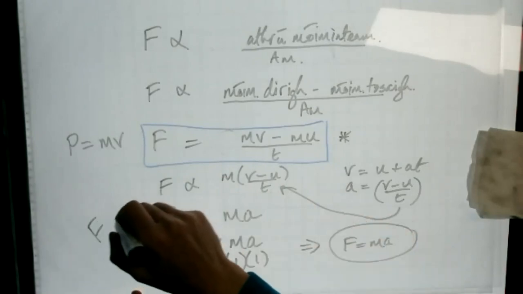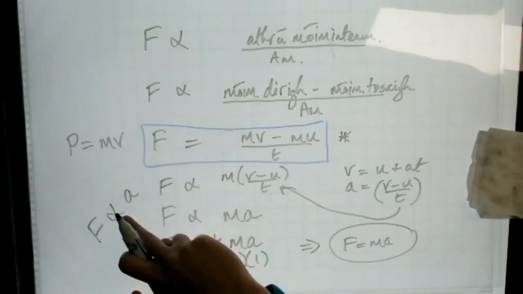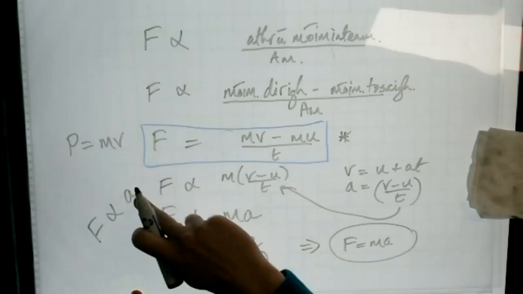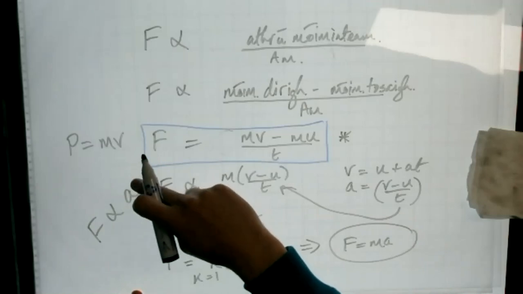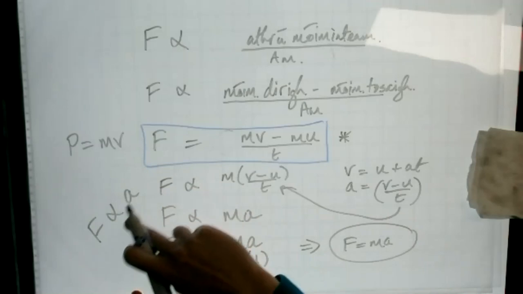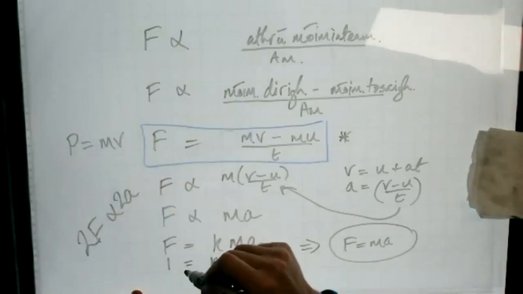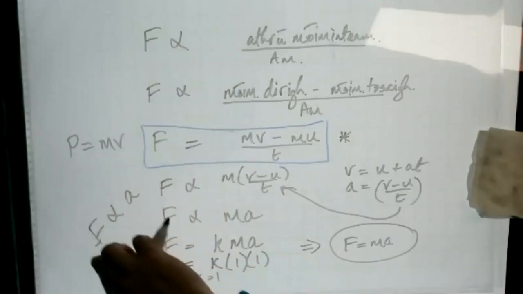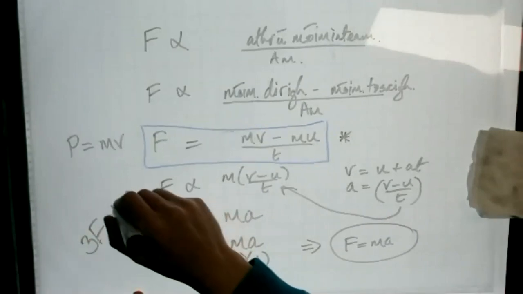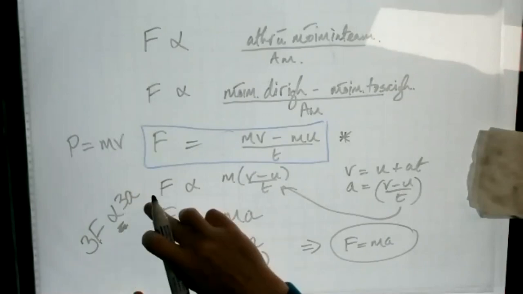Directly proportional means that if we double the force, we double the acceleration. If we treble the force, we treble the acceleration. That is simple proportionality, directly proportional.